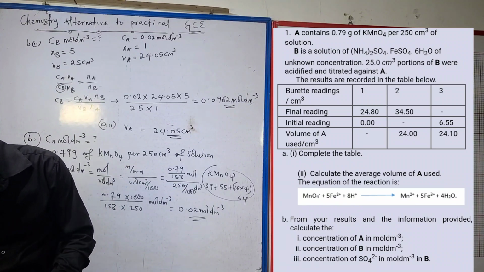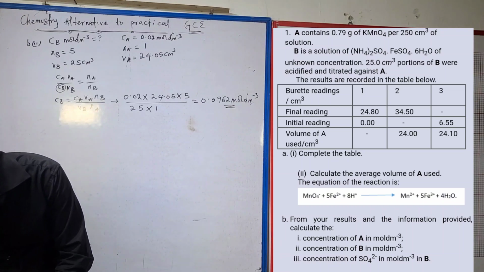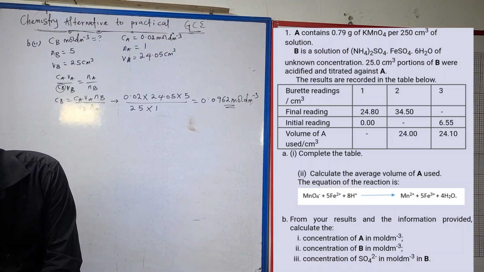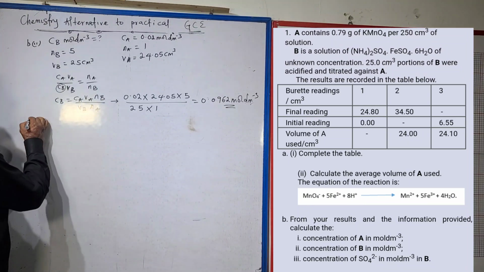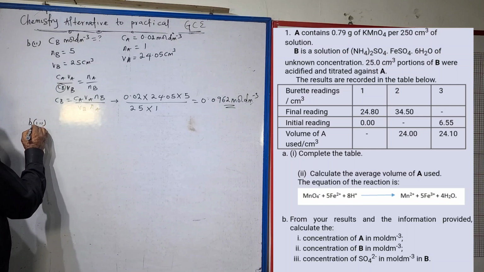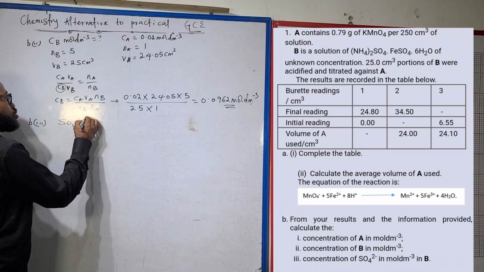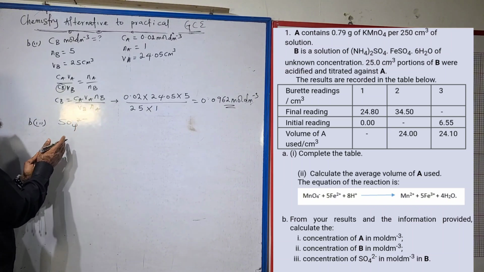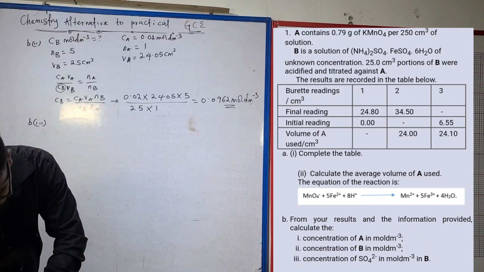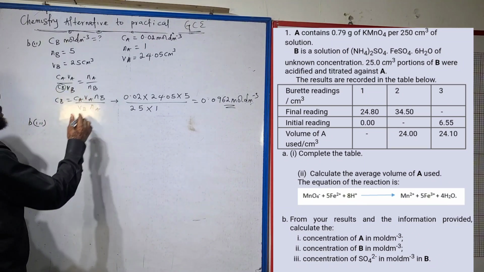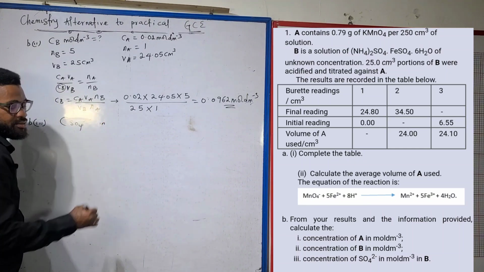Now moving on to B3, we were told to calculate the concentration of sulfate ion SO4 2 minus in mole per dm cube in B. I'm looking for the concentration of SO4 2 minus.